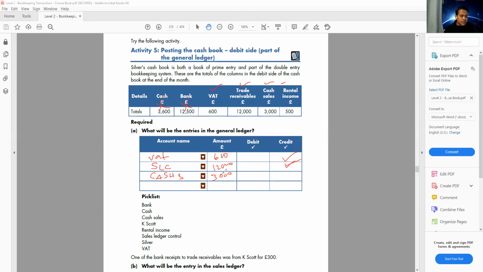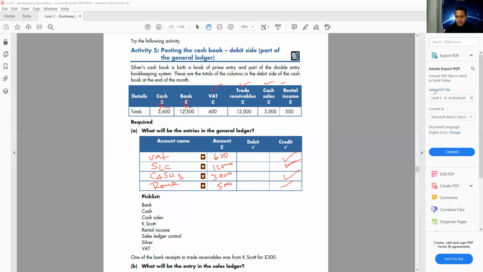Very well done, Sepi. Yes, that will also be credit. Very well done, Evelyn. And the last one we have is rental income. Rental income is income anyway, so it's a credit, 500. That's it. All right, let's move on to the next one.